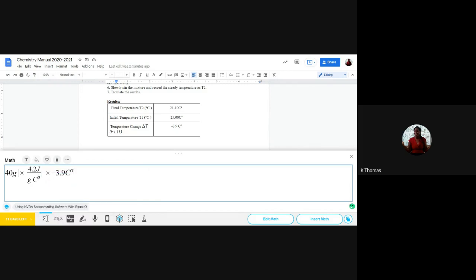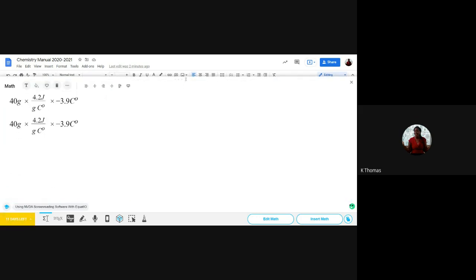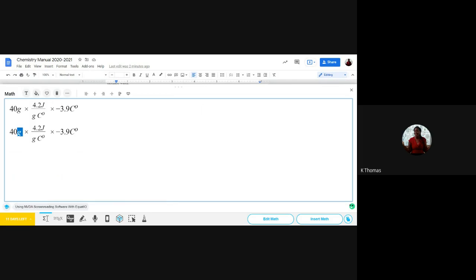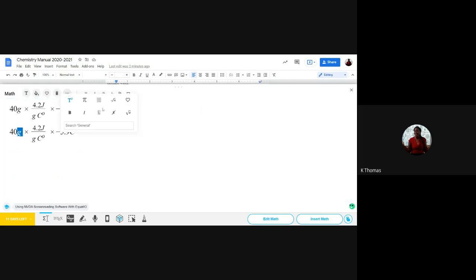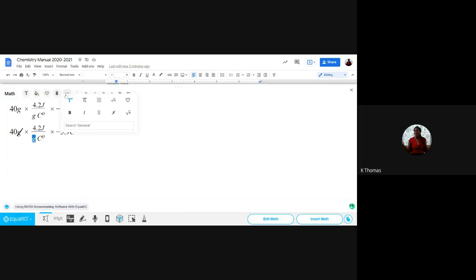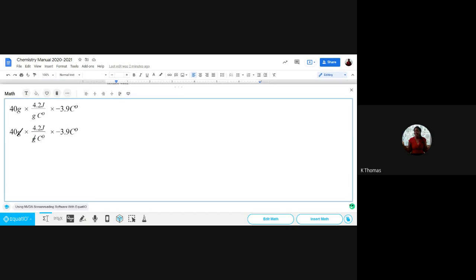All right, so what's happened? I have this. Let me write it back again. This is the unit set out. What this means is that I have grams at the top and grams at the bottom. So this gram can cancel gram into itself, and this gram can cancel also because I have it at the top and I have it at the bottom.